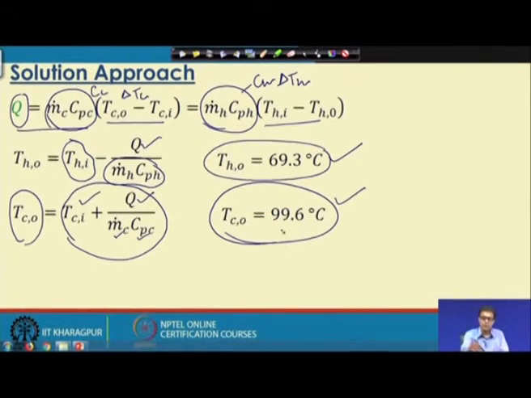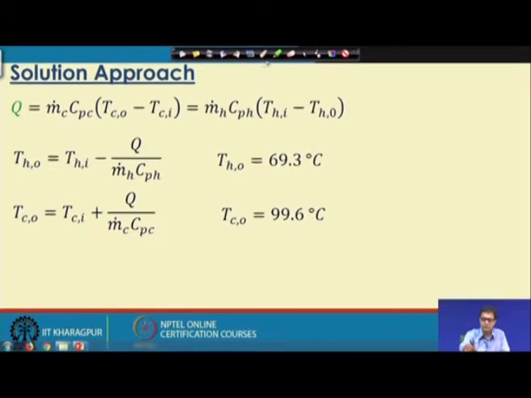Now we can see that depending on the configuration or the operational parameters of the heat exchanger, we may have to adapt different techniques for solving different kinds of problems. It may be a design problem to find out the heat exchanger surface area or the details of the tube or the fin configuration, though we have not encountered the fin.